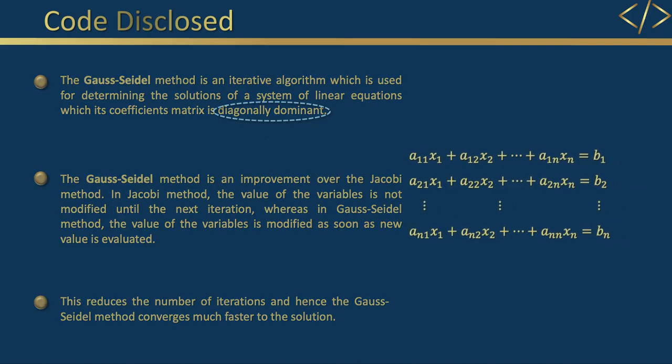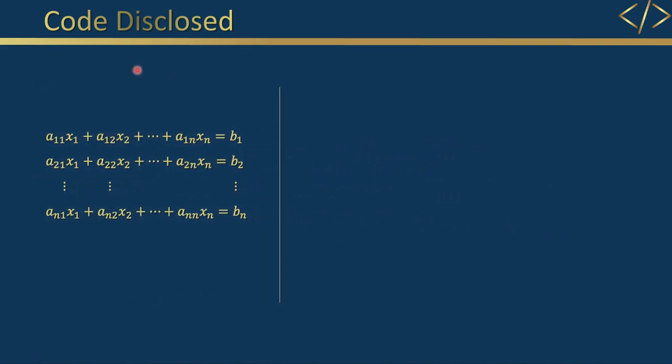What do I mean by this? For example, I have n equations with n unknowns. I can write these equations in the structure of Ax equals b. A is the coefficients matrix, the coefficients of the unknowns. X is the vector of the unknowns, and b is the vector of the right-hand side.